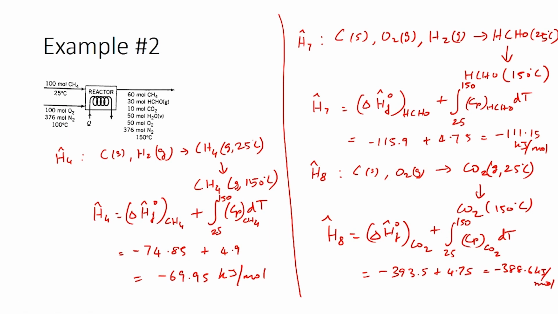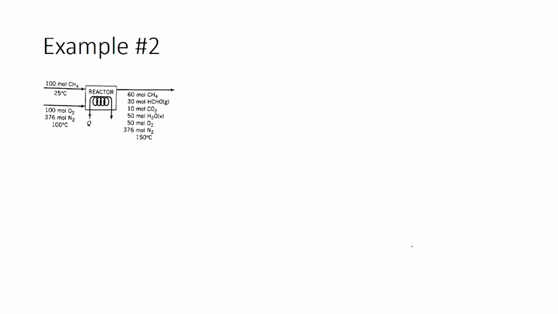So, this second term, integral Cp dt, could also be obtained from combustion tables, because the enthalpy of carbon dioxide at 150 degrees Celsius compared to 25 degrees Celsius can be obtained directly from that table.